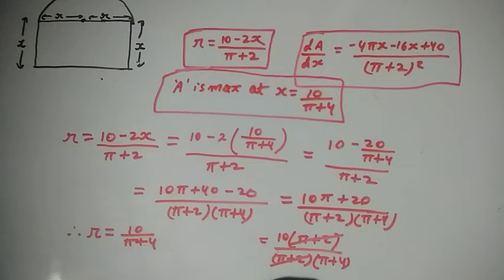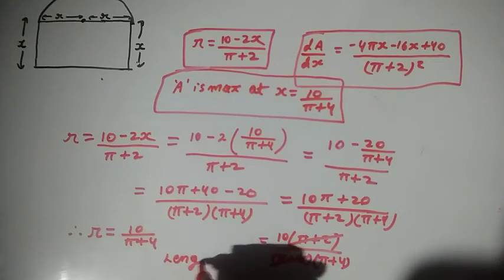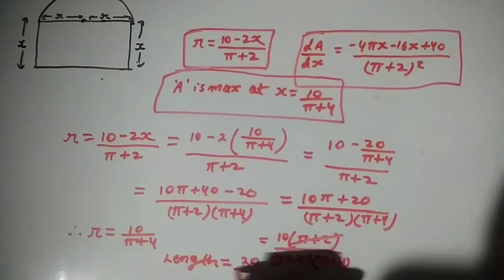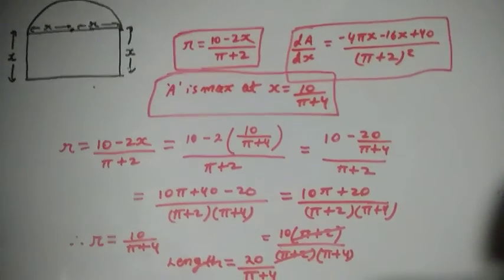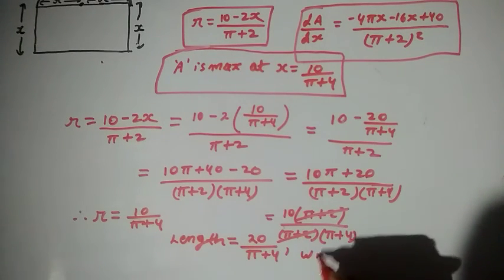We have the value of r and the length of the rectangle will be 2r. The width will be x.